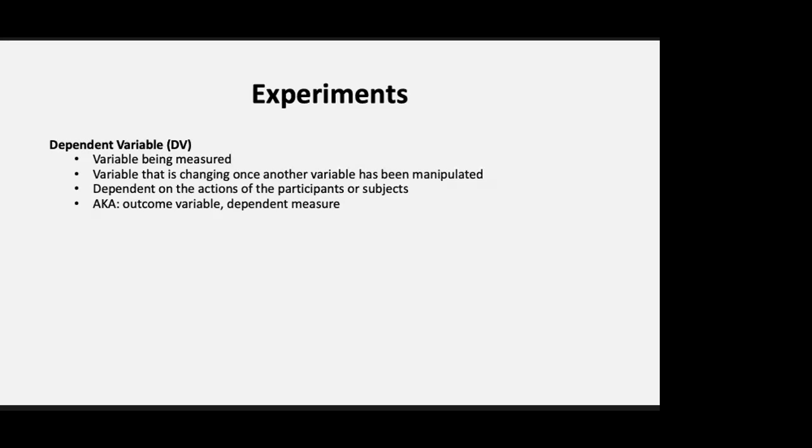It's your outcome. The independent variable, or the IV, is what you're manipulating. That's the variable you're changing. In the experiment with the little monkeys, the IV was the two types of dolls they gave the monkey.